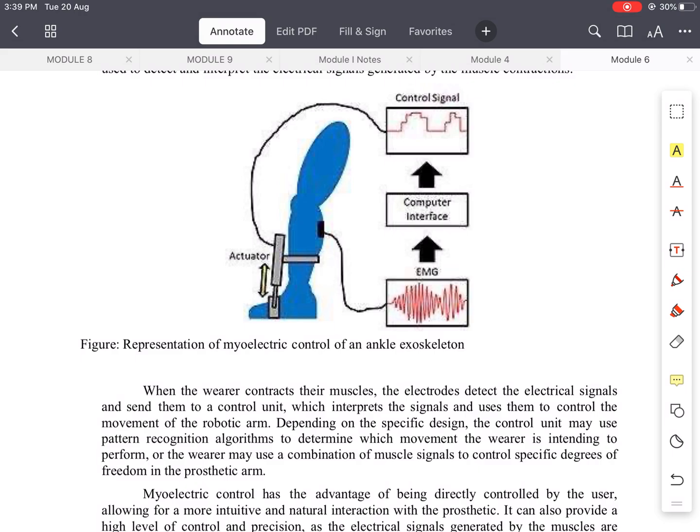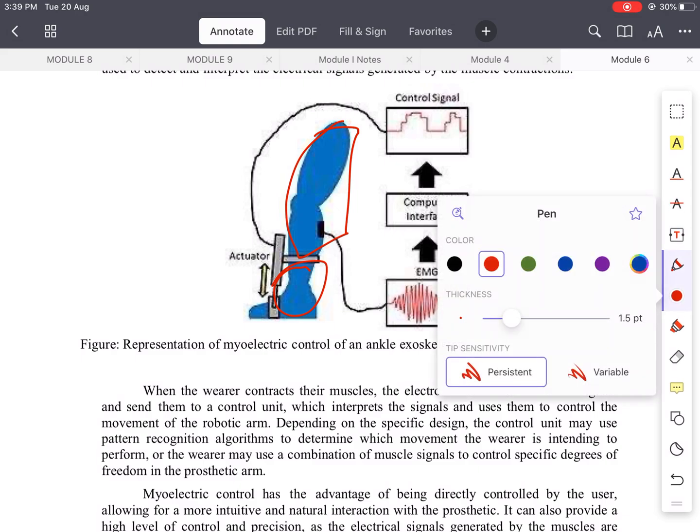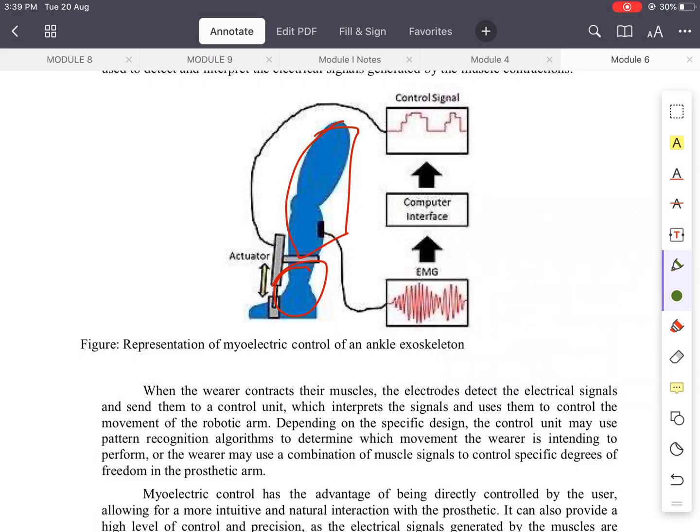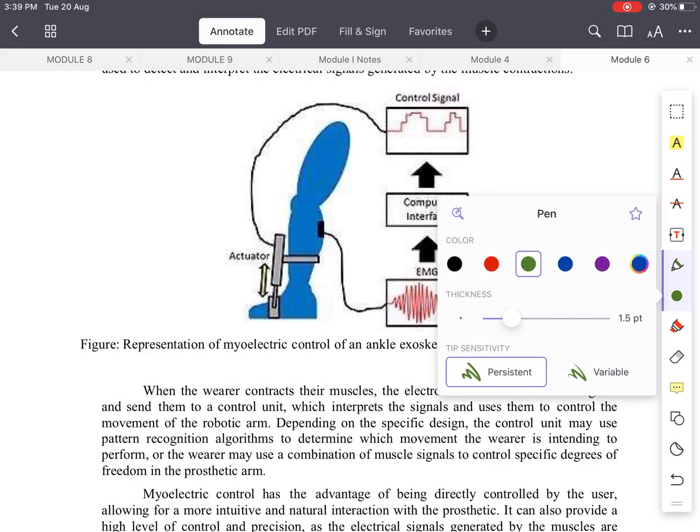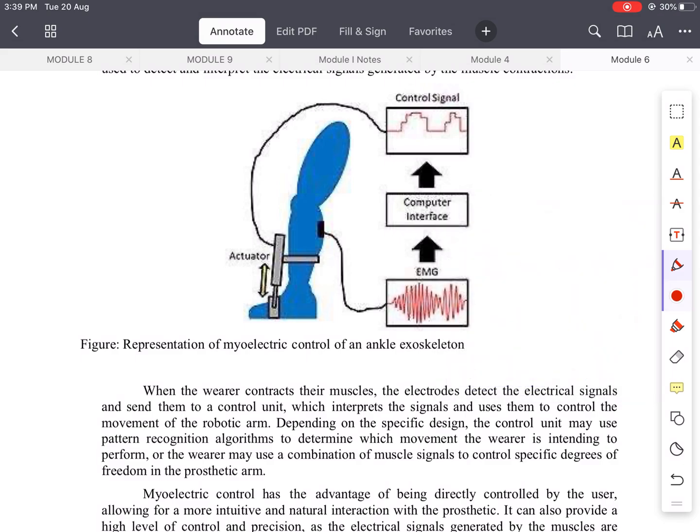Here we can see in the diagram, this person has lost the movement of his foot. Till here the entire part was intact, so the signal flow from his brain till this part is good enough. So they place a sensor here.